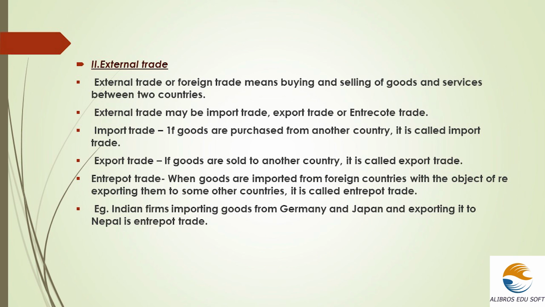After importing from Germany and Japan, Indian firms re-export the goods to Nepal. Nepal may also be insufficient in those particular goods, and Indian firms export those goods from Germany and Japan to Nepal. This import as well as export carried out together is known as entrepot trade.